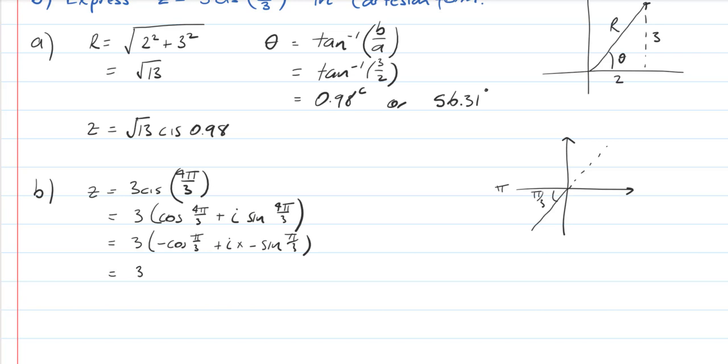This becomes 3 times negative a half, cos of 60 is a half, minus root 3 on 2 i, and then I expand it out as negative 3 on 2 minus 3 root 3 on 2 i. And you can see that's about here. It's got a distance of 3, and that makes sense. Okay, so there's our first two examples.